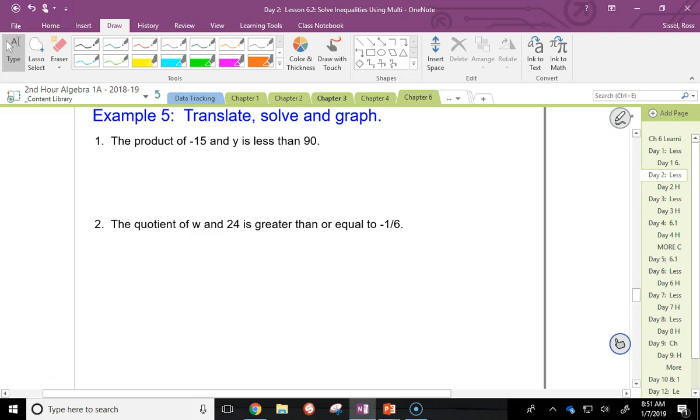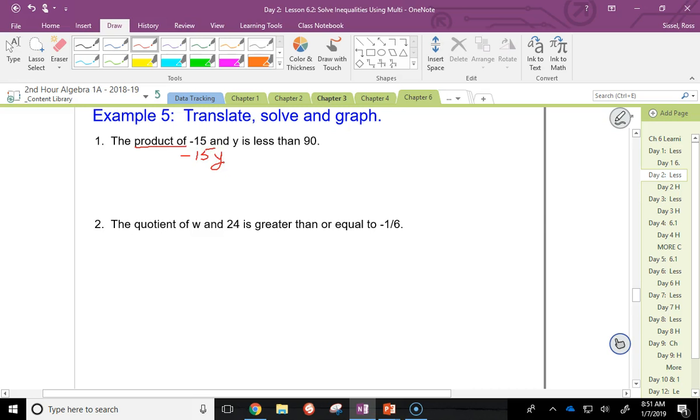On number 1, I have the product of -15 and y is less than 90. When I see the product of -15 and y, I know that's going to be multiplication. This is -15 times y.